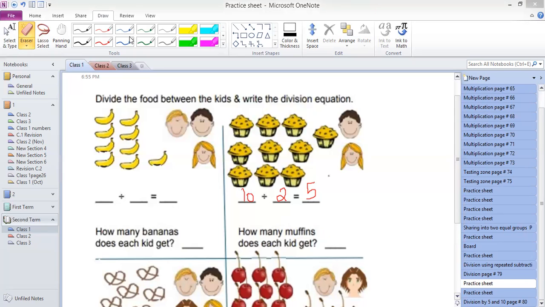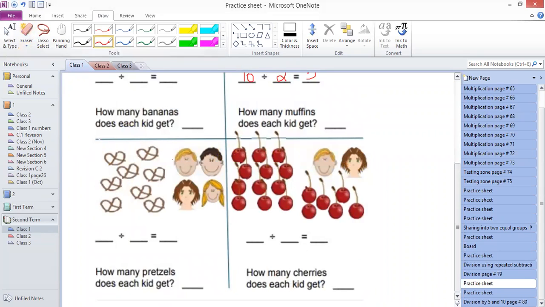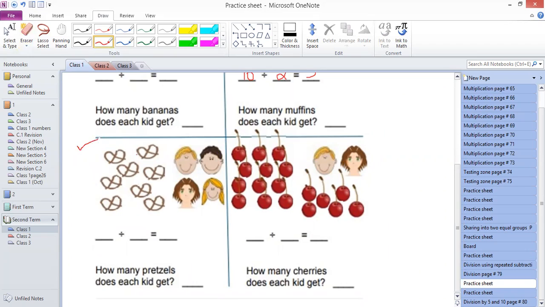And after Faris, we have Ghazi Ali. Ghazi Ali, divide these pretzels into 4 kits. Count how many pretzels are there and divide them into 4 kits. 8 are there.